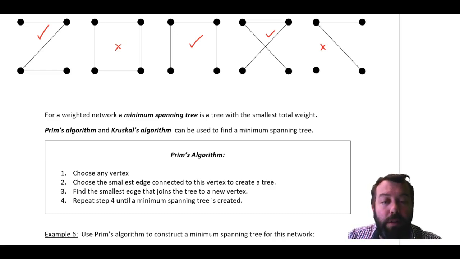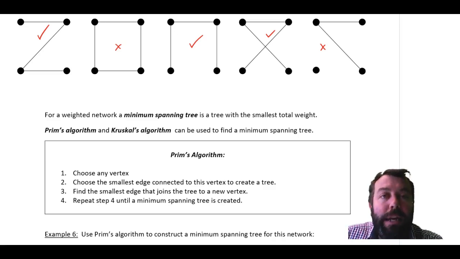We use Prim's algorithm to identify a minimum spanning tree, and what you do is you start by choosing any vertex in the graph. That's not going to be a problem, because to be a spanning tree, it has to connect every vertex.